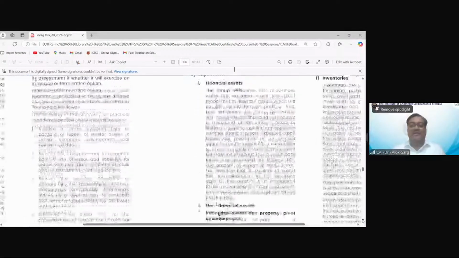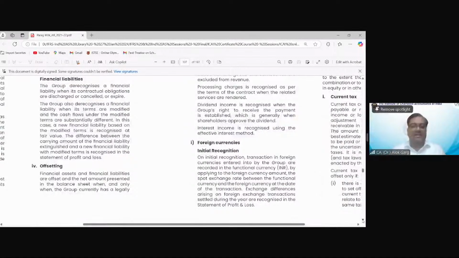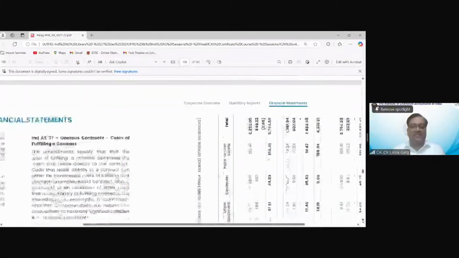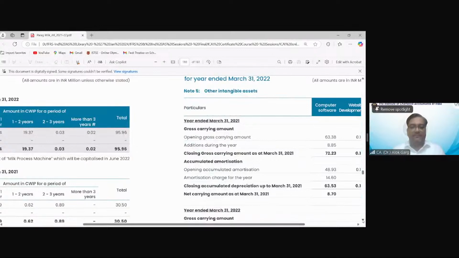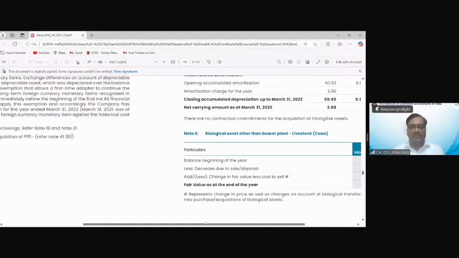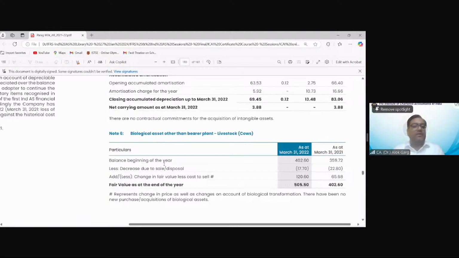Now let's go to note number 6. You remember I told you note number 6, biological asset other than bearer plant. So let's go to note number 6. Biological asset other than the bearer plant. Livestock, cows. Opening balance 402 million, 40 crores.